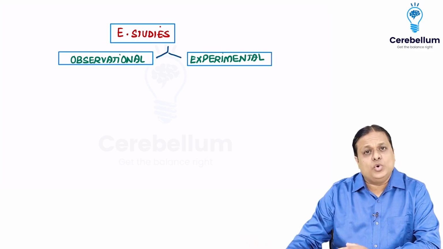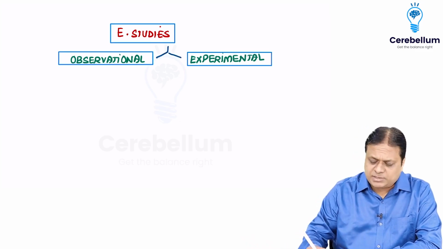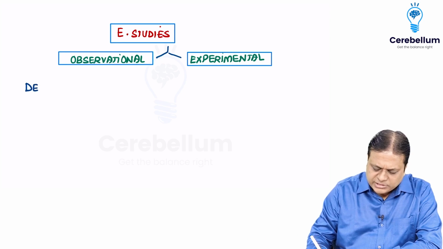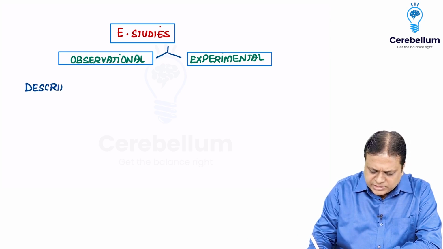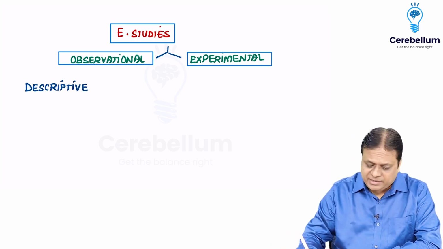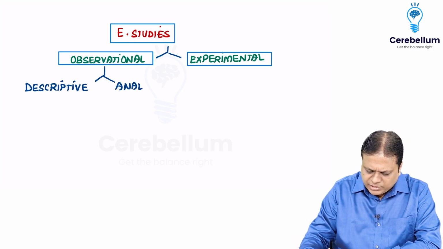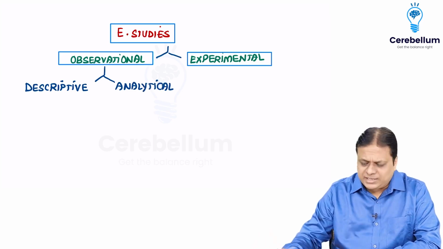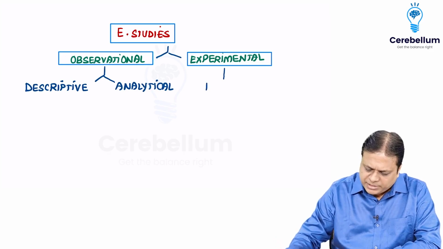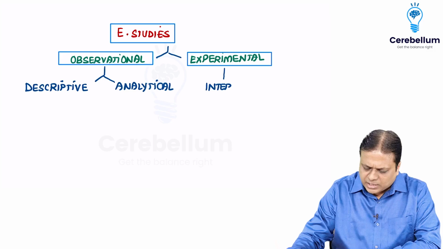Observational studies, in which you only observe, is further subdivided into two types of studies: descriptive studies, where you only describe, and analytical studies, where you analyze, and experimental studies, where you give an experiment or intervention, are interventional studies.